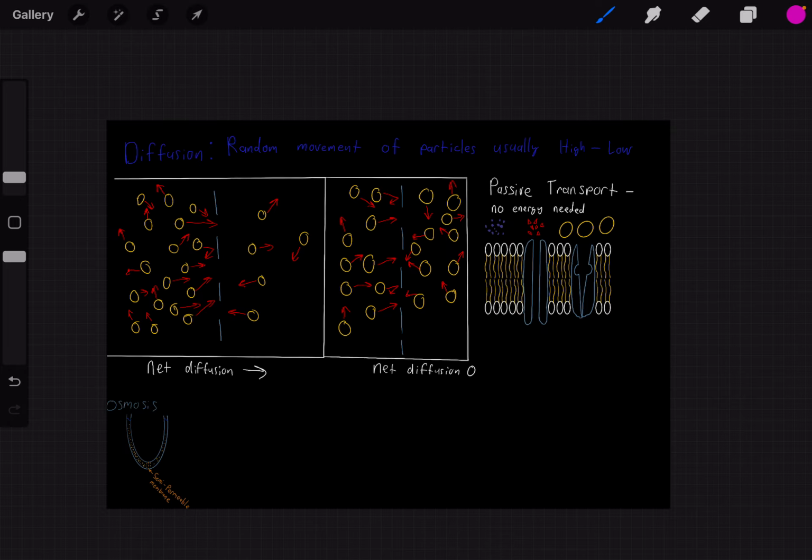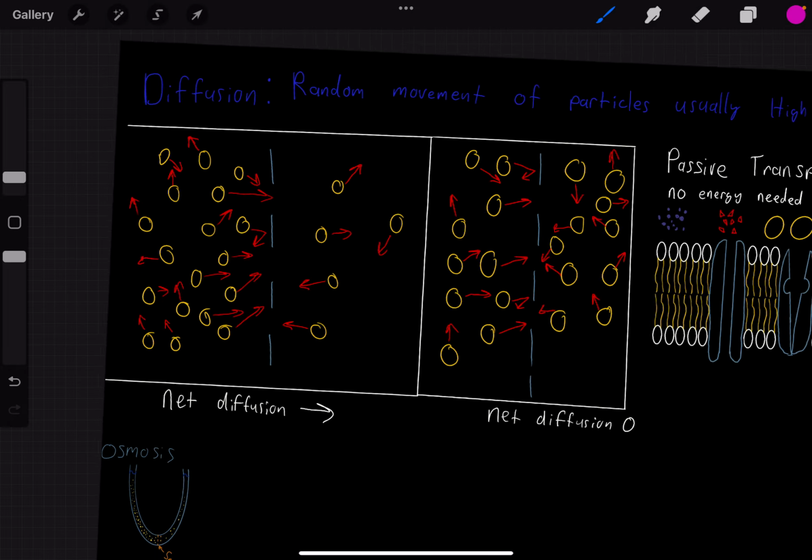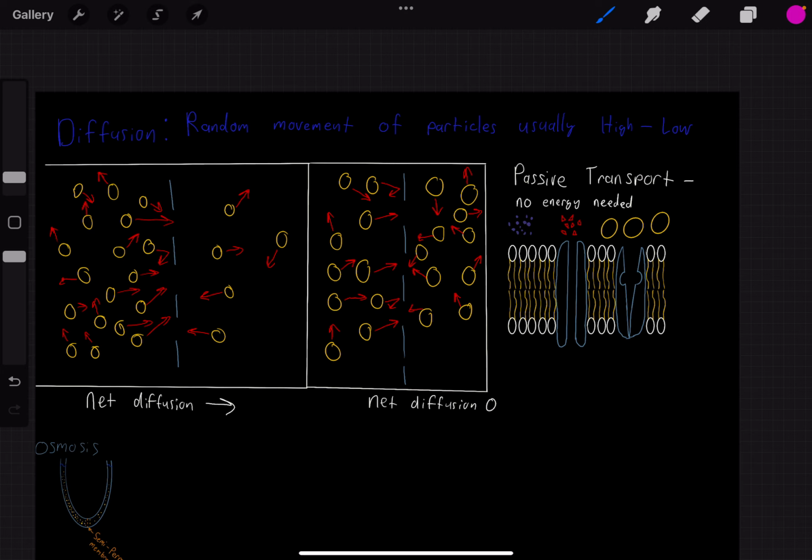Okay, now we get to talk about diffusion. Diffusion is the random movement of particles, usually from high to low. What that means is molecules move in random positions, and that's normal.